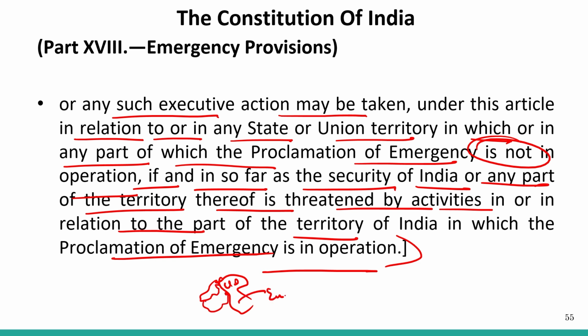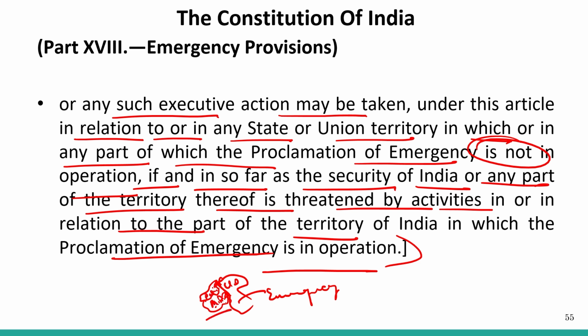In UP, emergency proclamation is taking place, okay. Now it is sharing boundaries with Madhya Pradesh and Delhi. It feels like there can be chances of influence or attacks or any sort of disturbance in the state of Madhya Pradesh as well as in the state of Delhi.